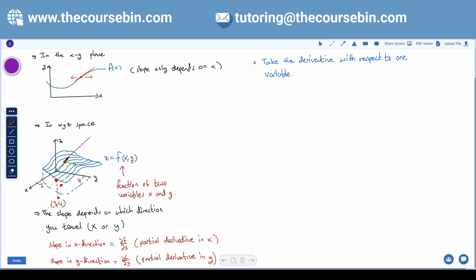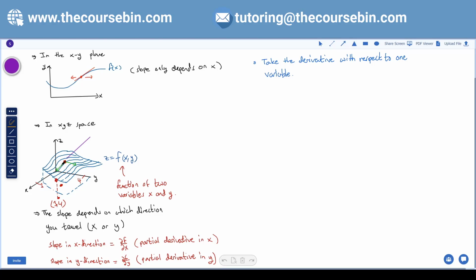The y's remain constant, so when you take the derivative, all y terms go to 0. But if you walk in the y direction, then your y is changing and your x remains constant.